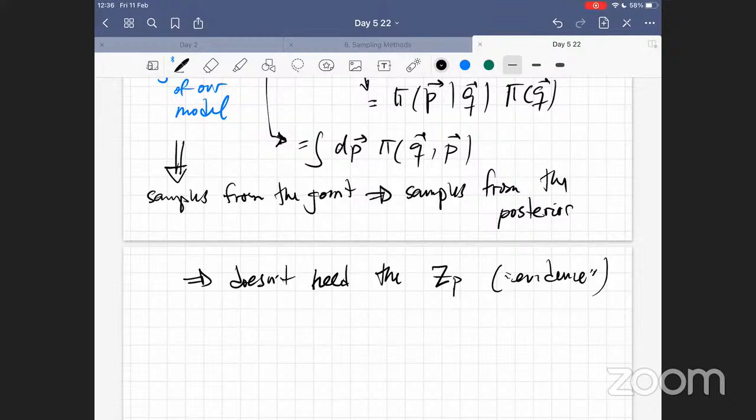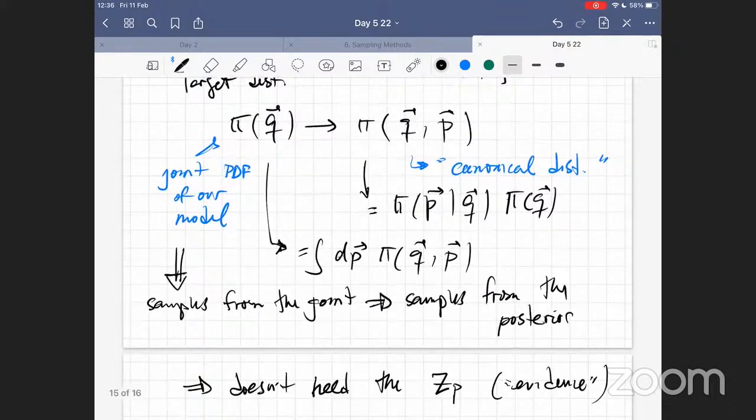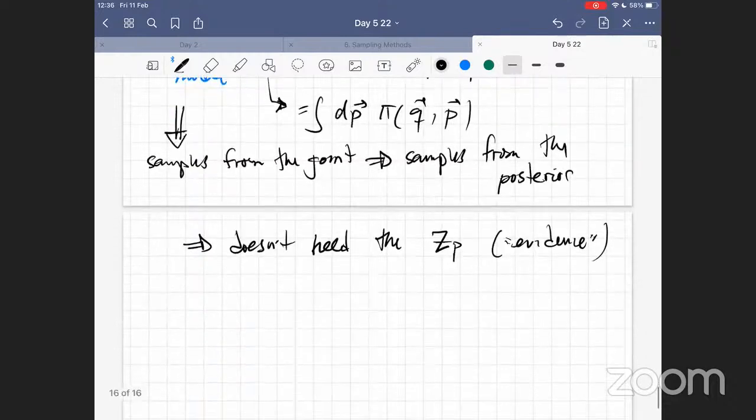We are just worried about getting as a target distribution the numerator of the Bayes theorem.